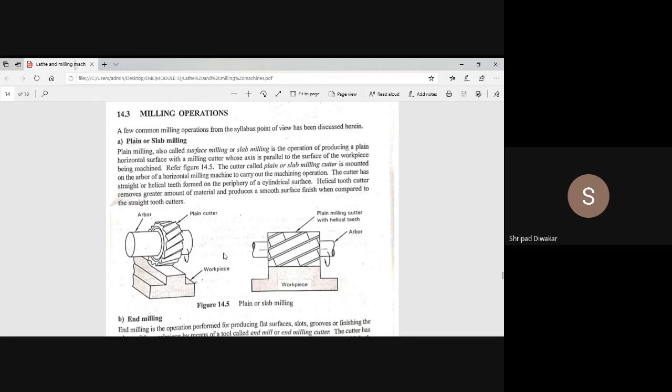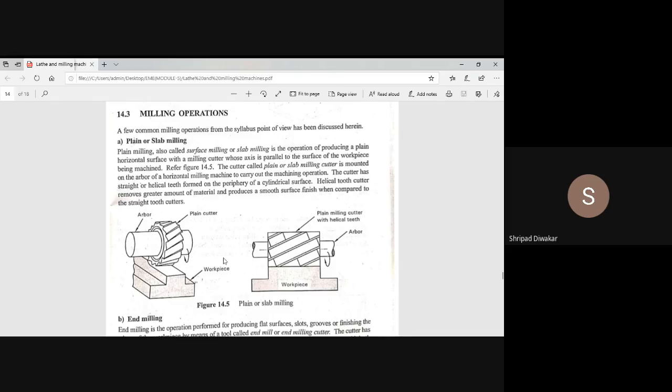So plane milling, also called surface milling or slab milling, is the operation of producing a plain horizontal surface with a rotating milling cutter. Okay, so this is the principle.